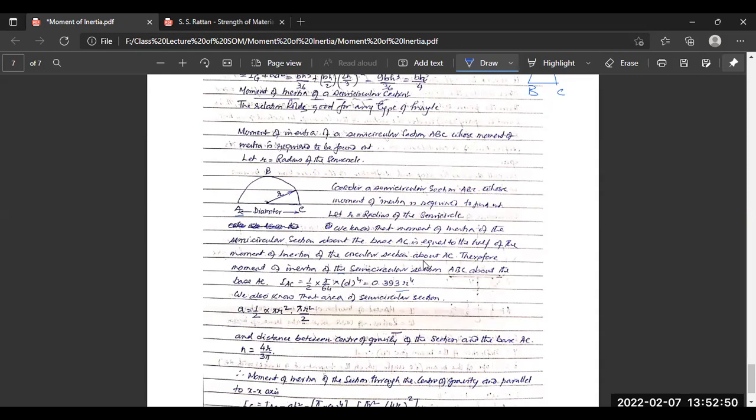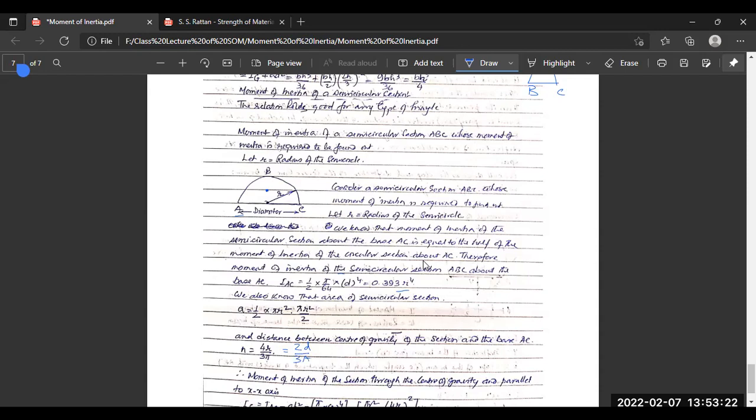We know the area of the semicircle is half of the area of the circle, which is equal to pi r squared divided by 2. The distance of the CG of the section from the base is given as 4r by 3 pi, or 2d divided by 3 pi.